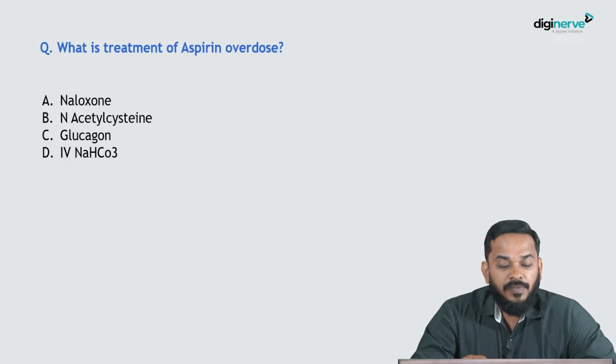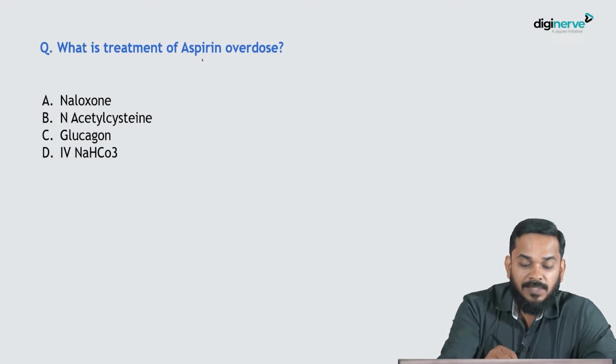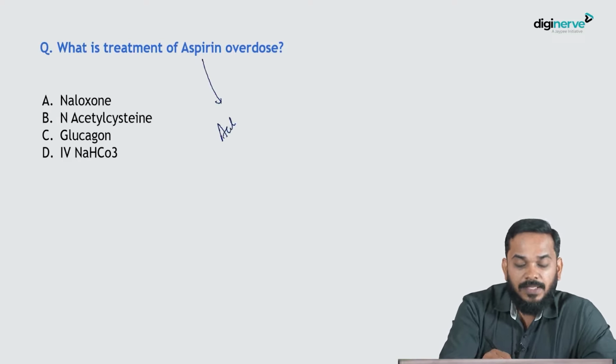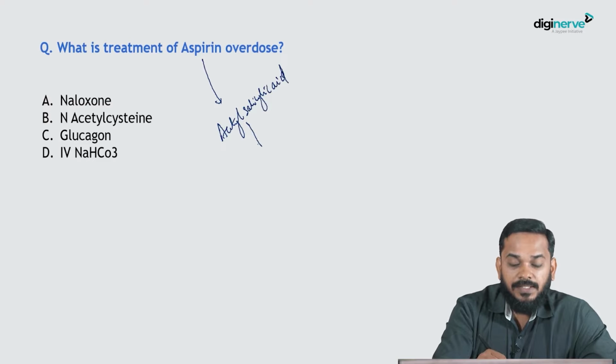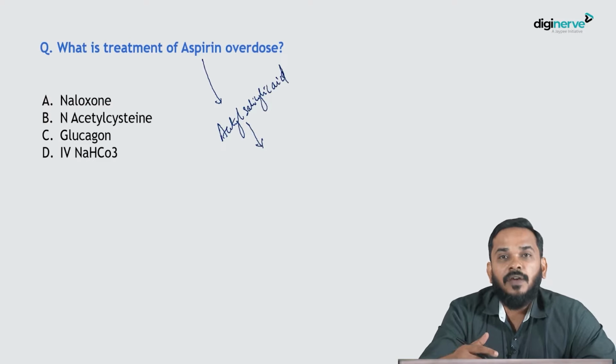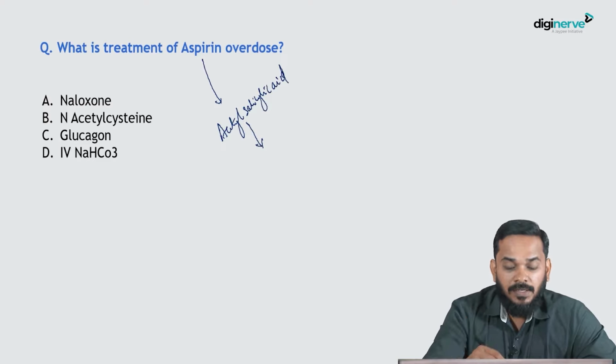What is the treatment of aspirin overdose? Aspirin is acetylsalicylic acid. It is an acidic drug. After renal filtration, aspirin will get reabsorbed in the renal tubules.